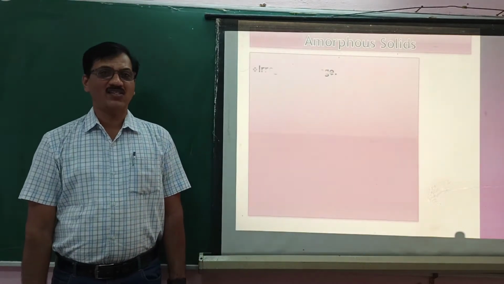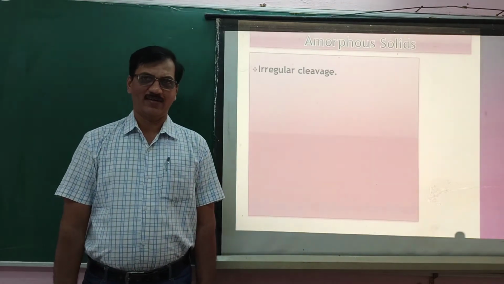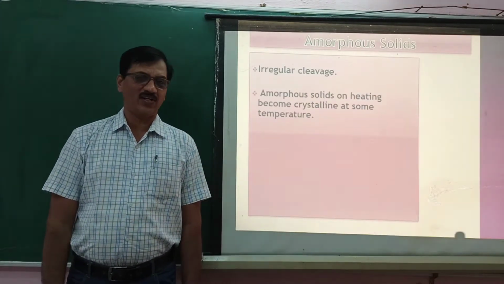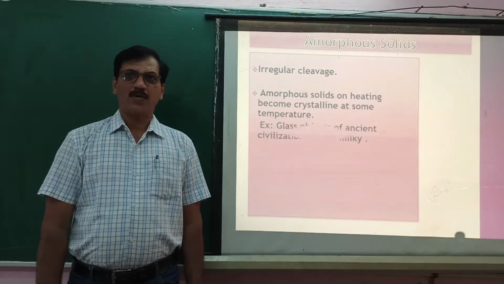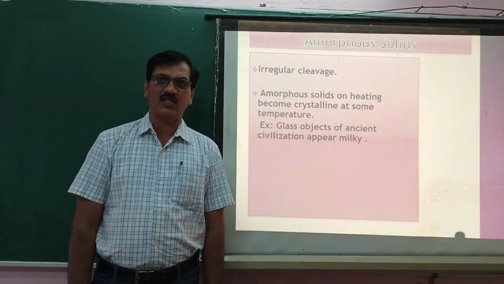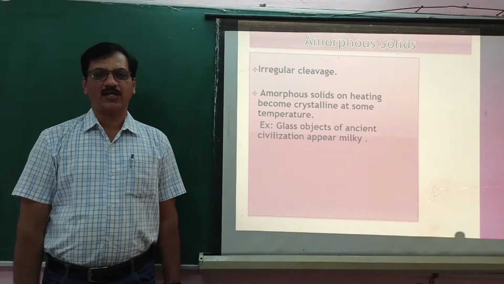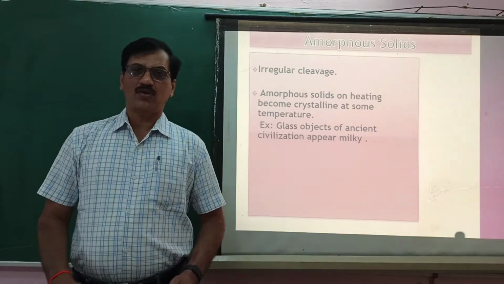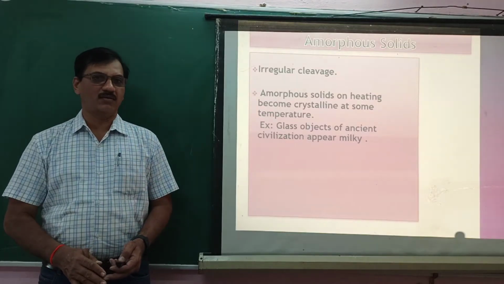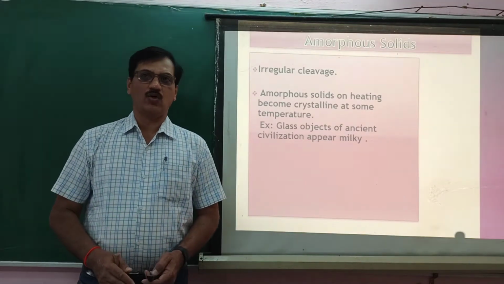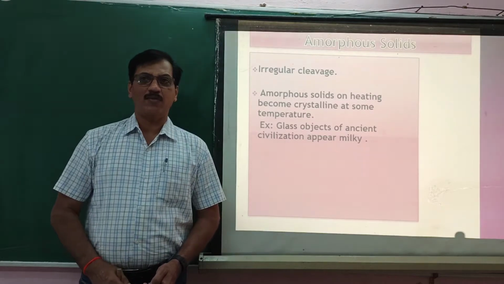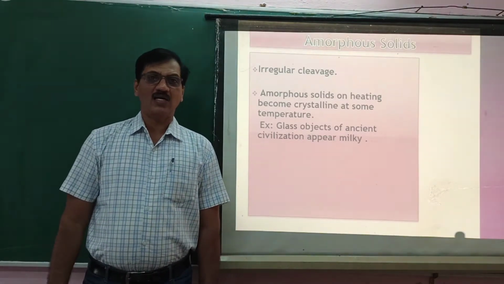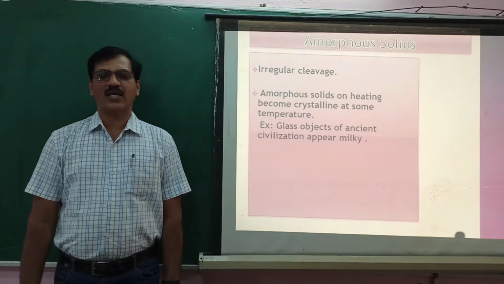Glass is an example of an amorphous solid. It does not have a sharp melting point. Amorphous solids, on heating, may become crystalline at some temperature. Some materials can undergo this kind of change. Glass objects of ancient civilizations appear milky.